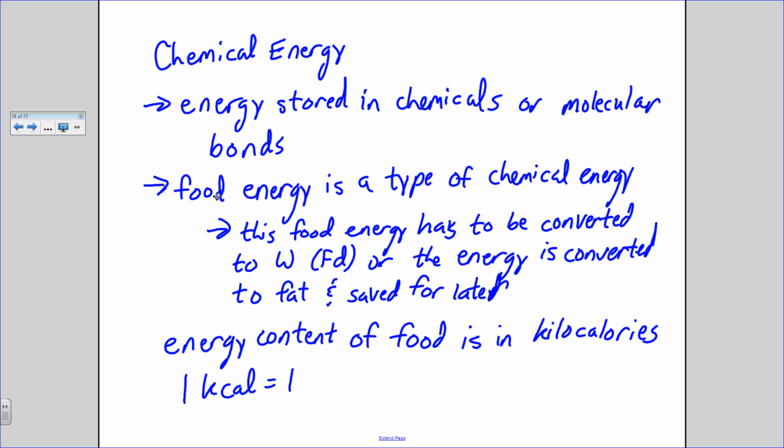That's the same as our food calories. So the calories that are listed on food items are actually in thousands of calories, and it's abbreviated with a capital C for a kilocalorie. And this is equivalent to 4,186 joules. You'll have that number on the exam, that a kilocalorie is equal to about 4,000 joules.